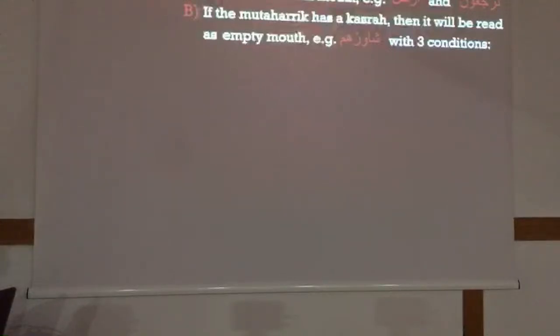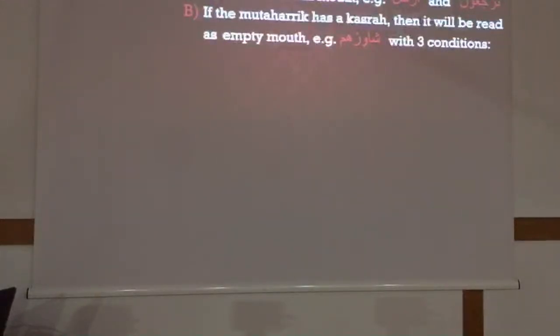What I want you to understand for now is that when the ra is sakin and there's a fatha or dhamma before, then it's going to be full mouth always. We don't need to look at anything else. And when there's a kasra before it, it's going to be empty mouth, but, and there's a big but, there are 3 conditions that need to be met in regards to the kasra.